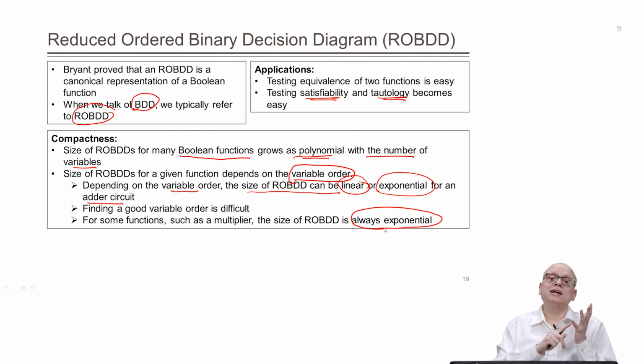The first problem is that choosing a good variable order is not an easy problem, and the second problem is that there are some functions, for example the multiplier function, for which the BDD representation will always be exponential, right. So, BDD representation is very useful, but in some cases it may not help, and therefore we look at other techniques for formal verification also, right.